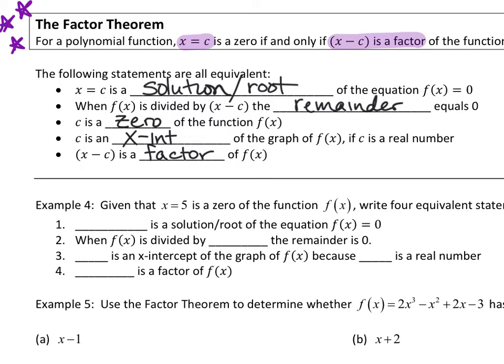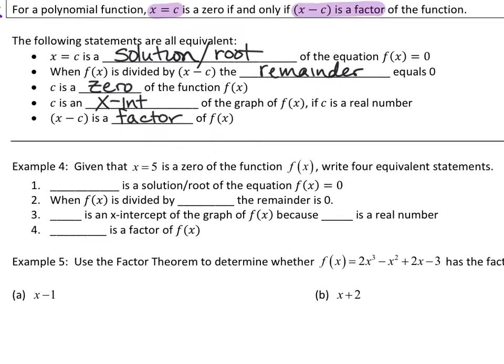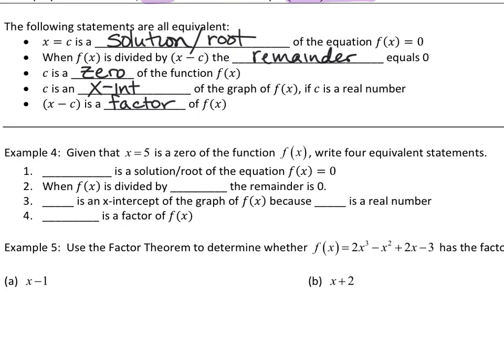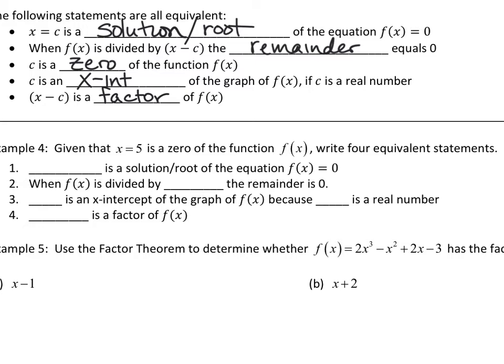They're all related, which is why it's so important to know these factors, which means I know my zeros, or know the zeros because it means I know my factors. All of these things are related. So, for example, let's say somehow you're doing a math problem and you figure out that x equal to 5 is a 0 for some function.